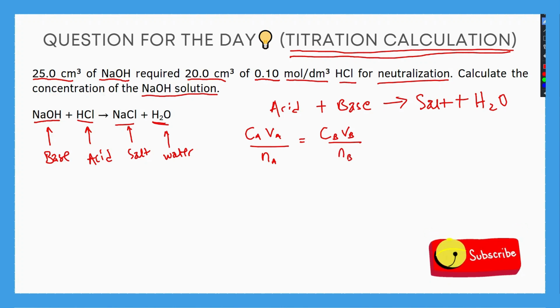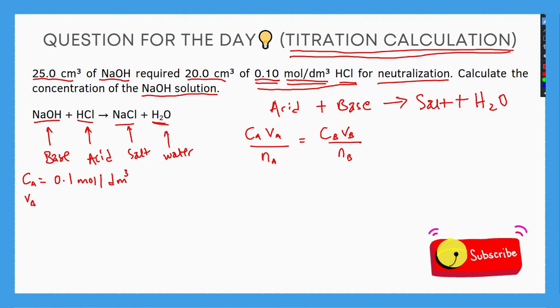I'm going to tell you what each variable means, and then we'll input them into the formula so we can calculate it. Ca here stands for the concentration of the acid. In this case, the concentration of the acid is 0.1 moles per dm cube, because they said 0.1 moles per dm cube HCl. So Ca is 0.1 moles per dm cube.